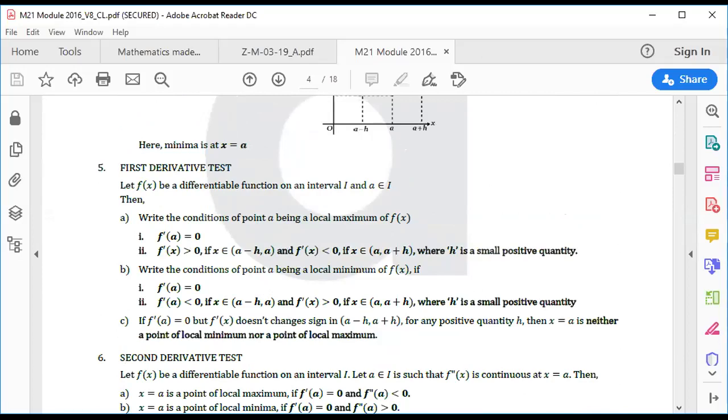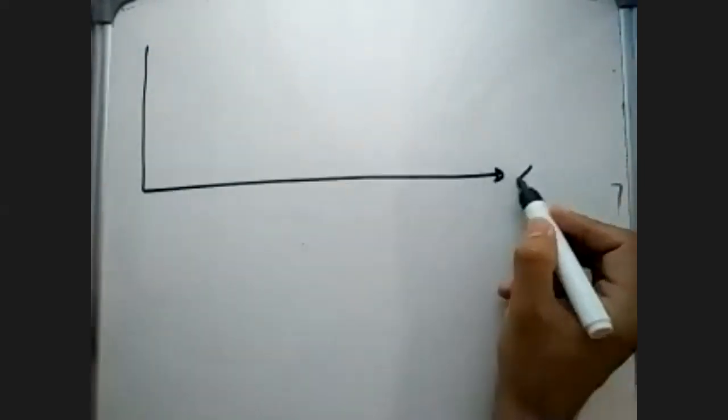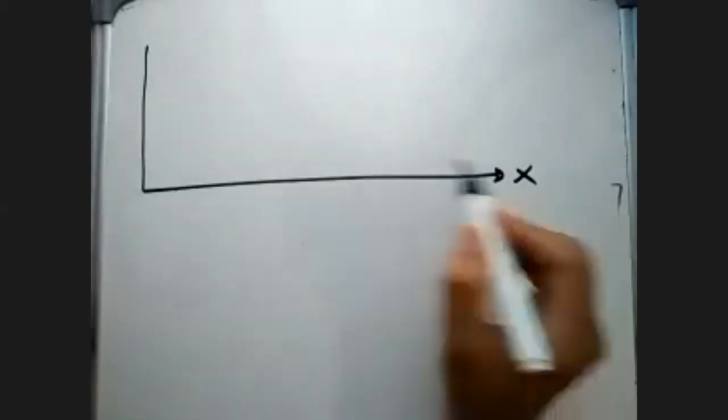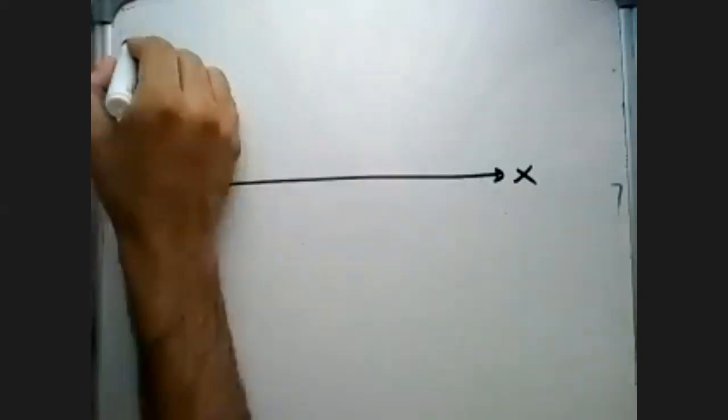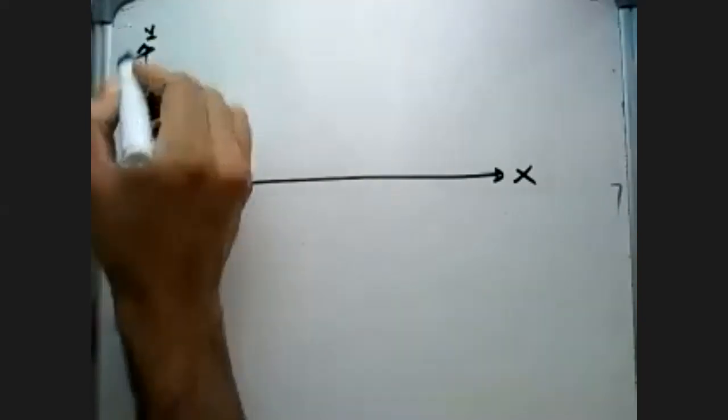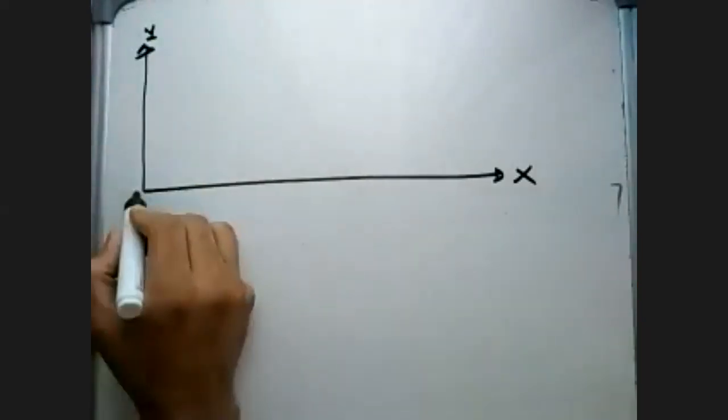Okay, so see here once again. Suppose my graph of function is like this. So this is x-axis, this is y-axis, this is origin.